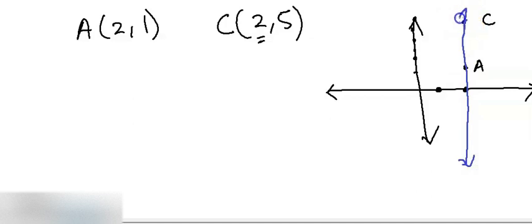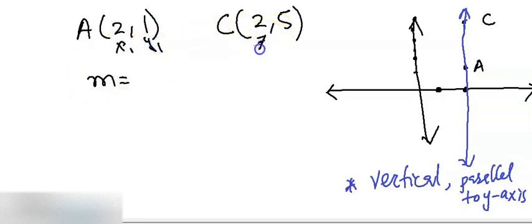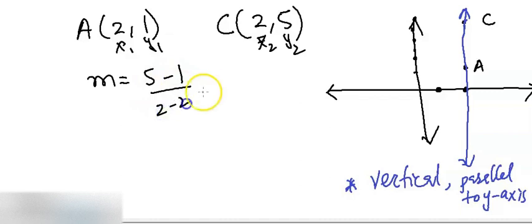Now this line AC is vertical, or you can say that it is parallel to the y-axis. Let's try to find out the slope. Let me call this x1, y1, and this is my x2, and this is my y2. So y2 minus y1, and then x2 minus x1, 2 minus 2.